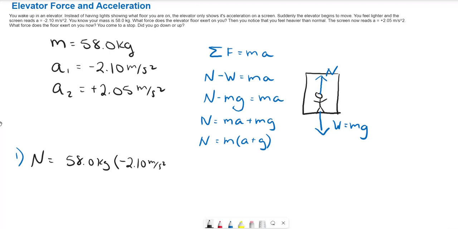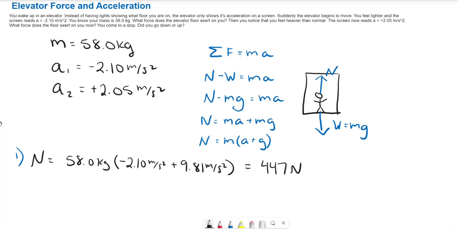We already accounted for the fact that weight is in the negative direction, so we're putting in positive 9.81 meters per second squared. And this is going to give us a normal force of 447 newtons.